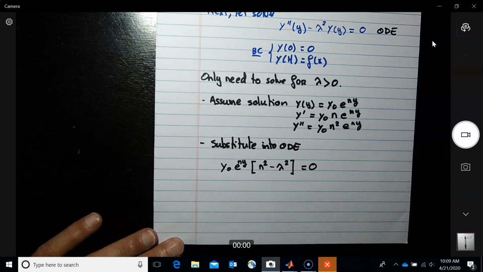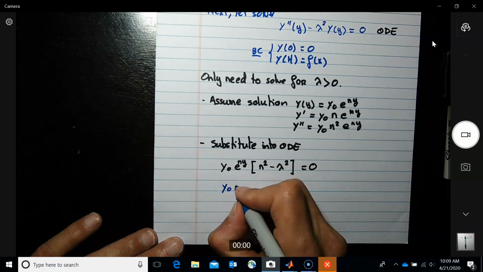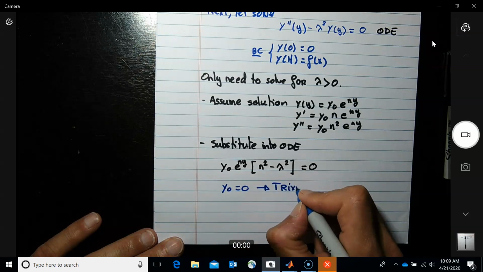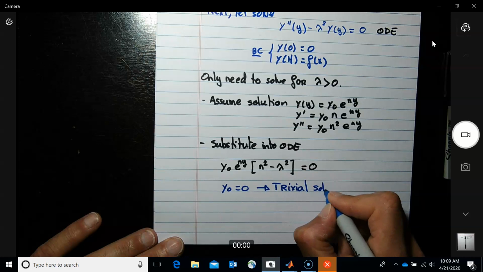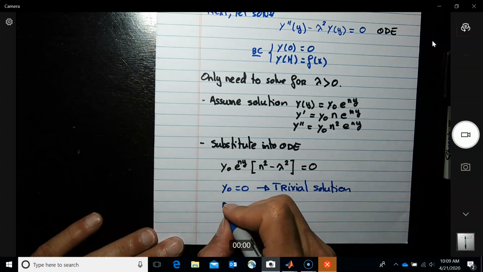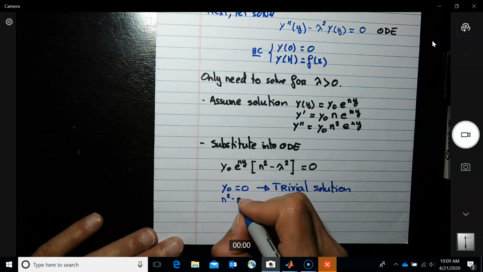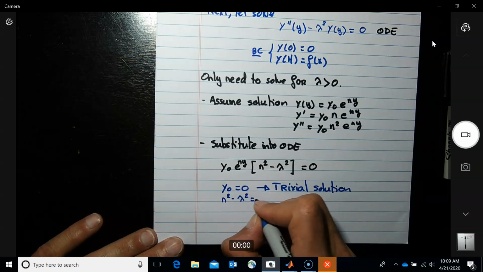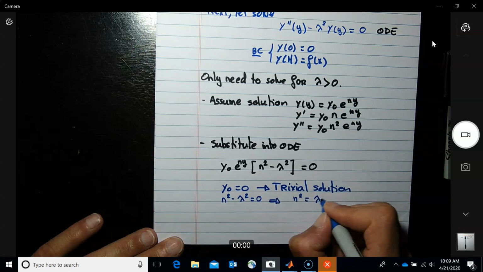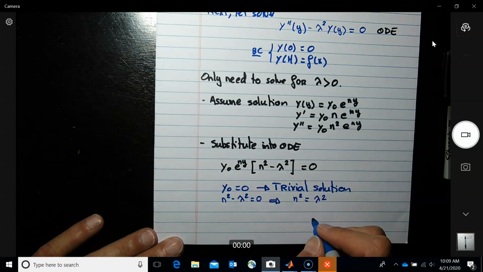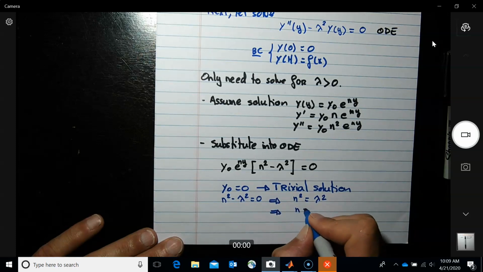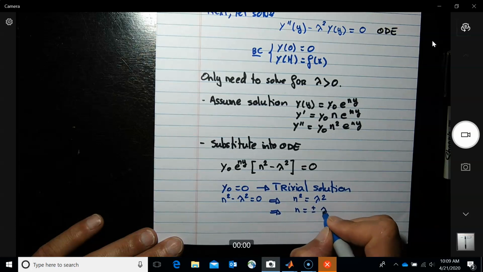So once again, if y naught is equal to 0, this gives the trivial solution, which is of no physical interest. Or you can have n squared minus lambda squared equal to 0, which means that n squared equals lambda squared, and we know lambda is positive, so this means that n equals plus or minus lambda.